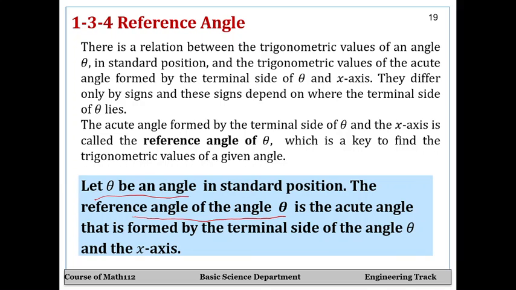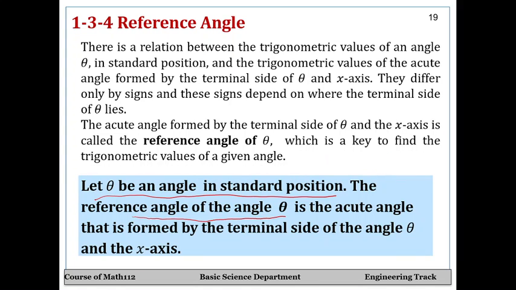So let theta be an angle in standard position. Here are the 4 cases. You might have this, or this, or this, or this one, in 4 different quadrants.